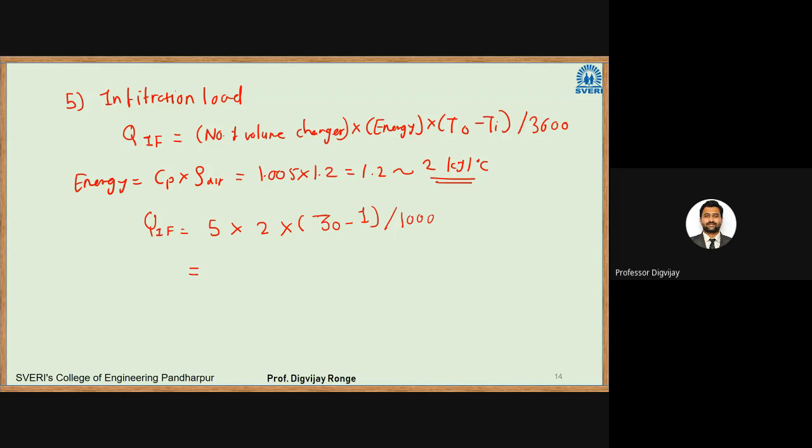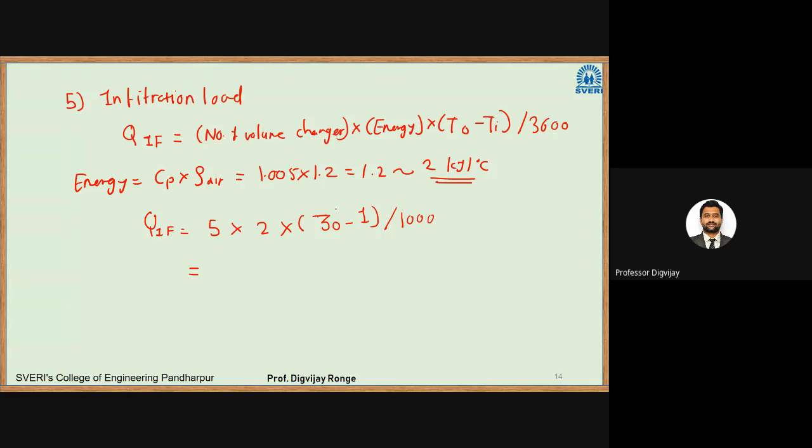So calculate this. So this will be how much? 5 into 2, 10. 10 into 29 divided by 1000.